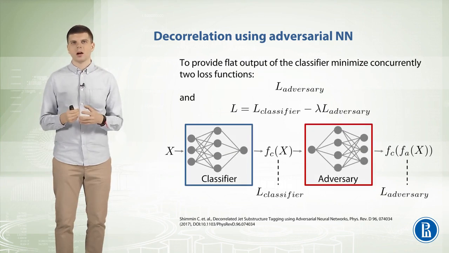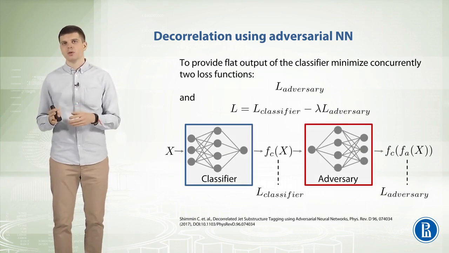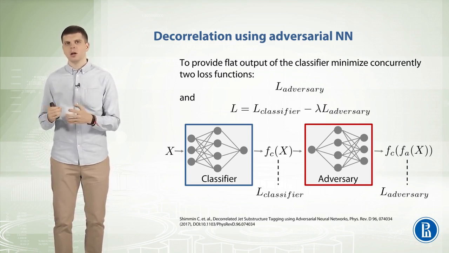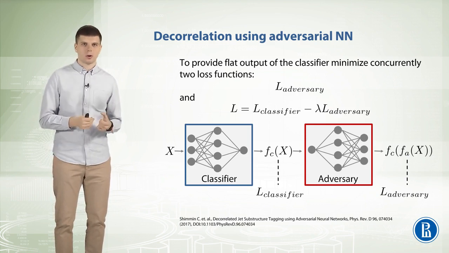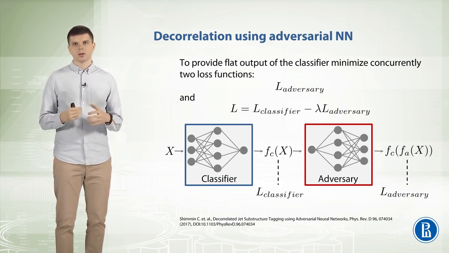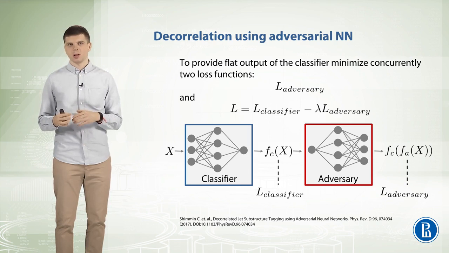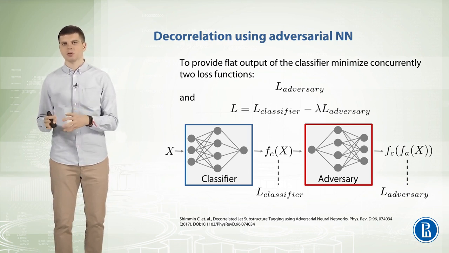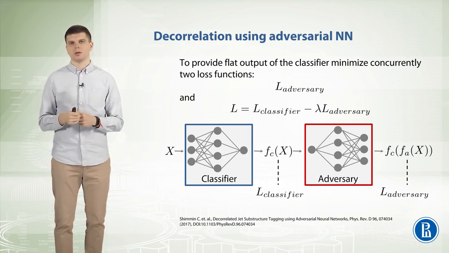To provide flat output of the classifier, we should minimize concurrently two loss functions shown on the slide during the neural network training. In case of particle identification, the first loss function represents the quality of a particle momentum reconstruction based on the classifier output for this particle.